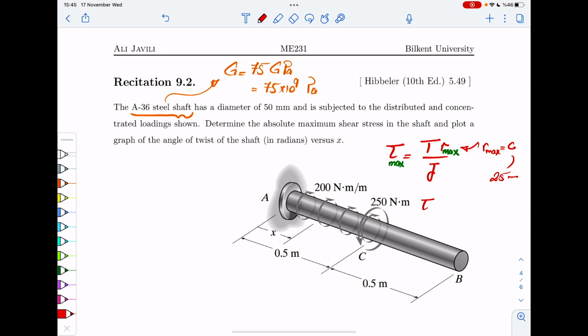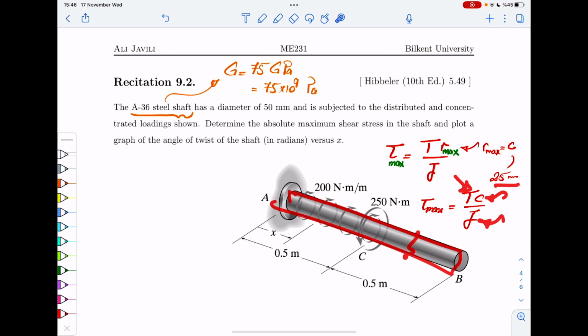We know tau max is TC over J. Now, we have a shaft. All over the shaft, the outer radius is constant, 25 millimeters. J is constant because the cross-sectional area is not changing. But T is not constant, okay?